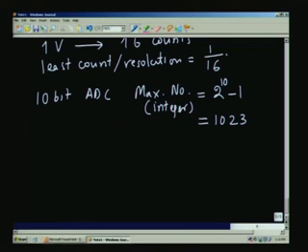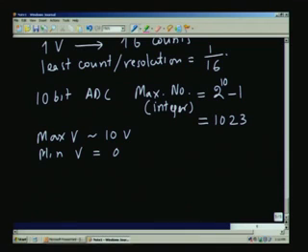Suppose I have an instrument where the maximum voltage V max is around 10 volts, and of course, the minimum is 0 volts. I am going to measure these 0 to 10 volts using a 10-bit ADC. That means there are 1024 levels available.